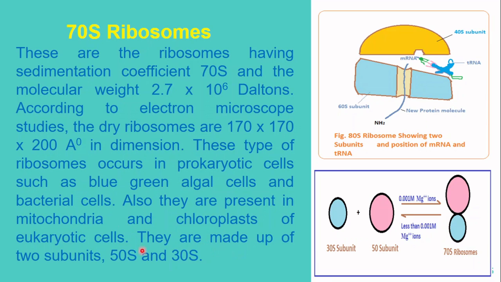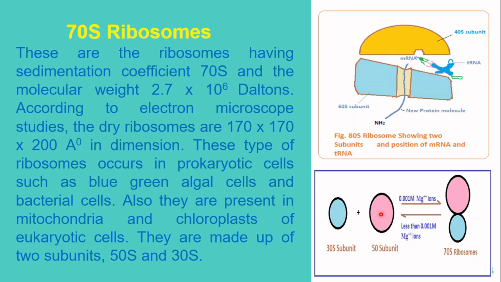They are made up of two subunits, that is 50S and 30S. Here you can see the structure of ribosomes and the 70S ribosome has been shown. This is the 30S subunit, the smaller subunit, and this is the 50S subunit, the larger subunit.